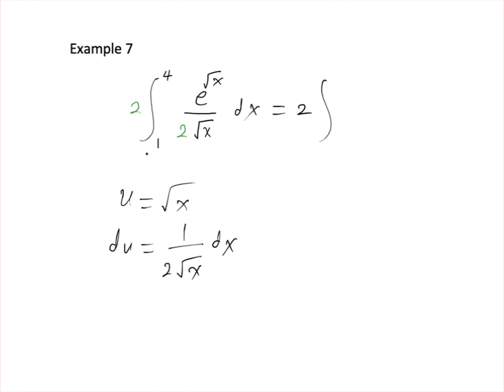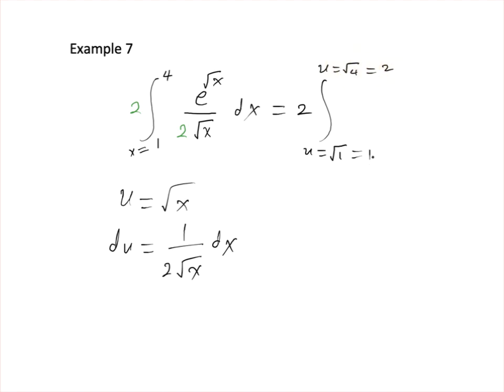Now these limit values belong to x. So I want to change them to u, like the last example. So when x is 1, u is the square root of 1, which is 1. When x is 4, u is the square root of 4, which is 2.